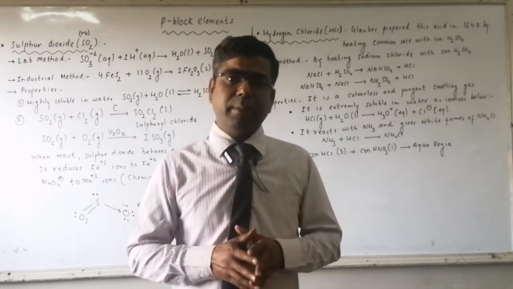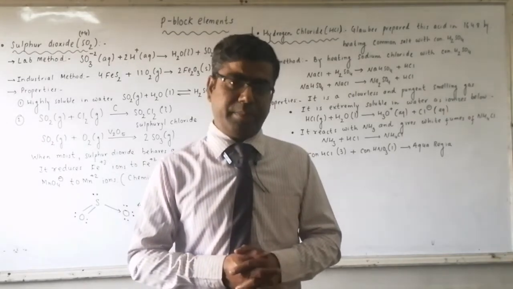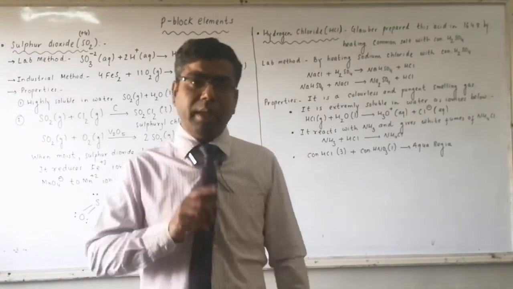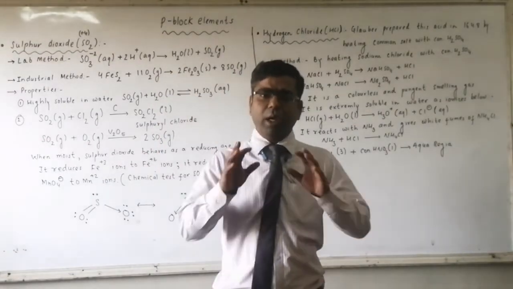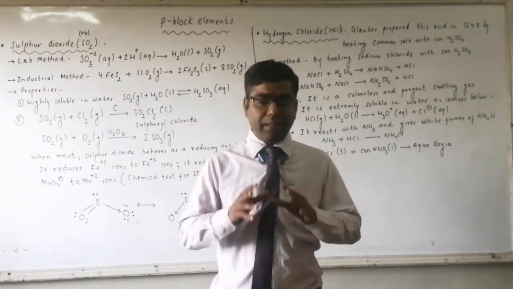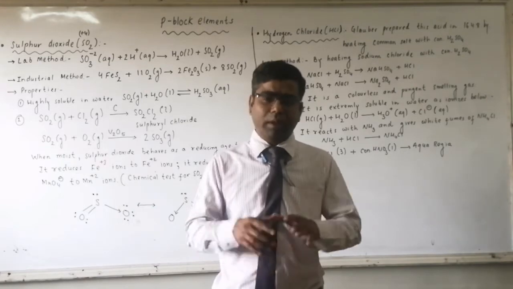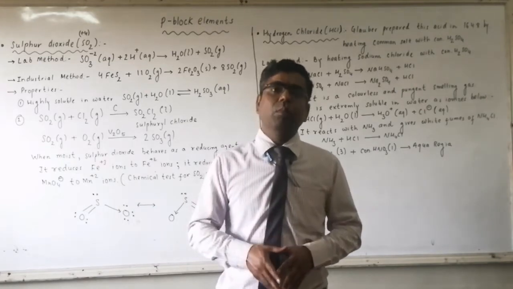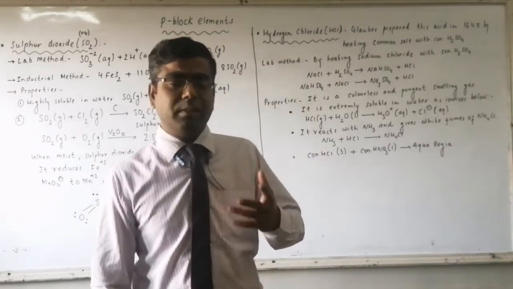The substance which are showing oxidation can act as reducing agent. So remember here, in presence of moisture, sulphur dioxide will start behaving as a reducing agent. Water is required, moisture is required, because transfer of electron requires some medium.